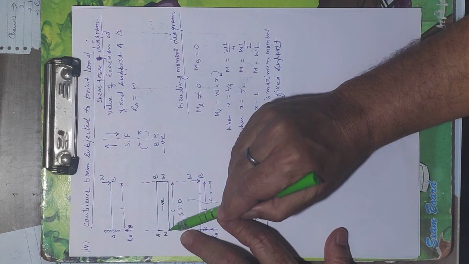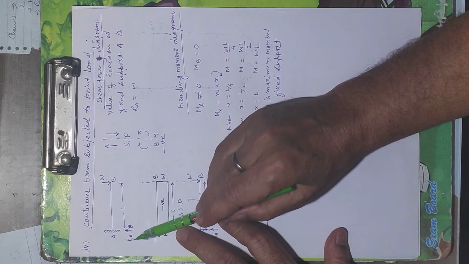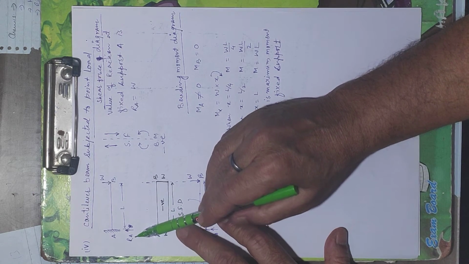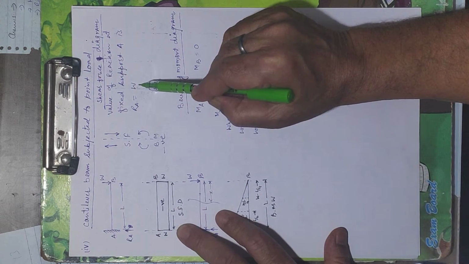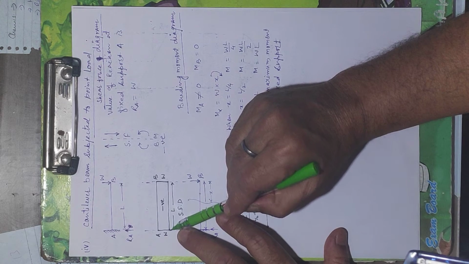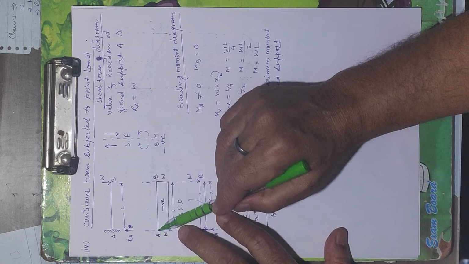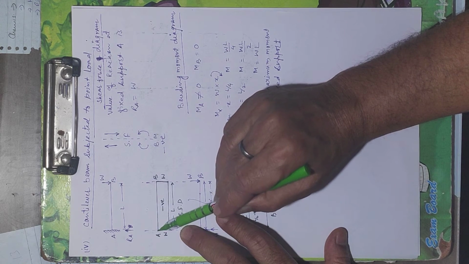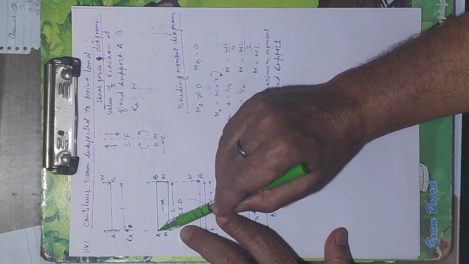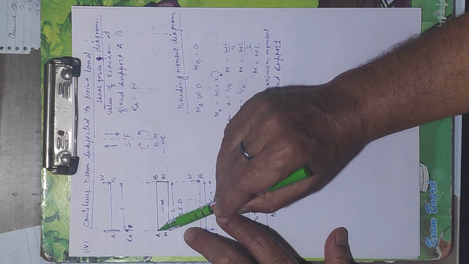So from this point we go upward by the magnitude of RA. What is the value of RA? RA is equal to capital W. So we go upward by capital W, and we will reach point B. So it will close at point B.